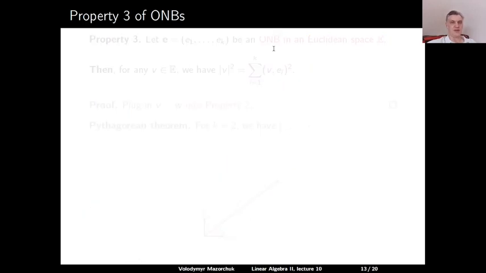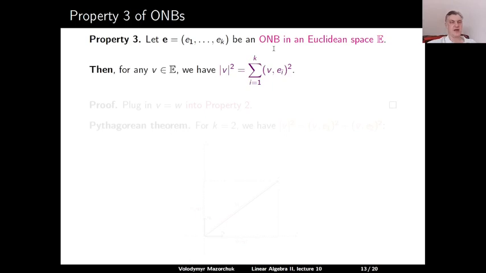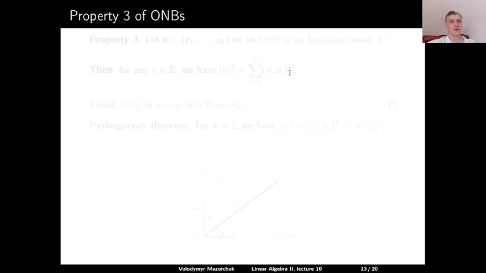Property 3. Again, let e be an orthonormal basis in a Euclidean space. Then, for any element v in E, the square of the length of v is equal to the sum over all i from 1 to k of the square of the scalar product between v and e_i. This is a direct consequence of property 2.